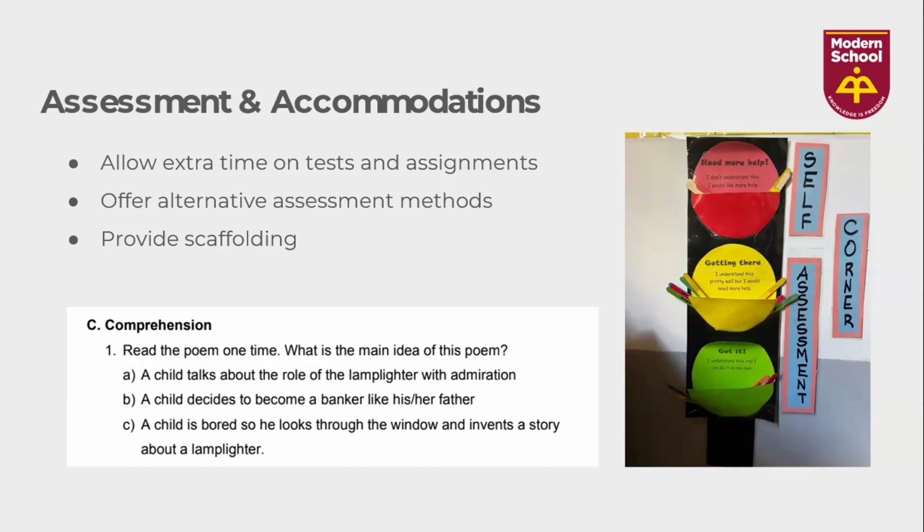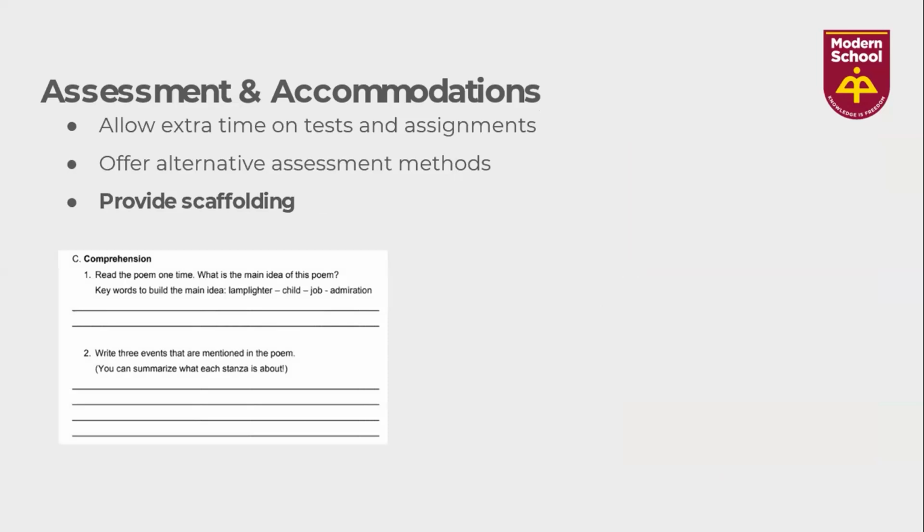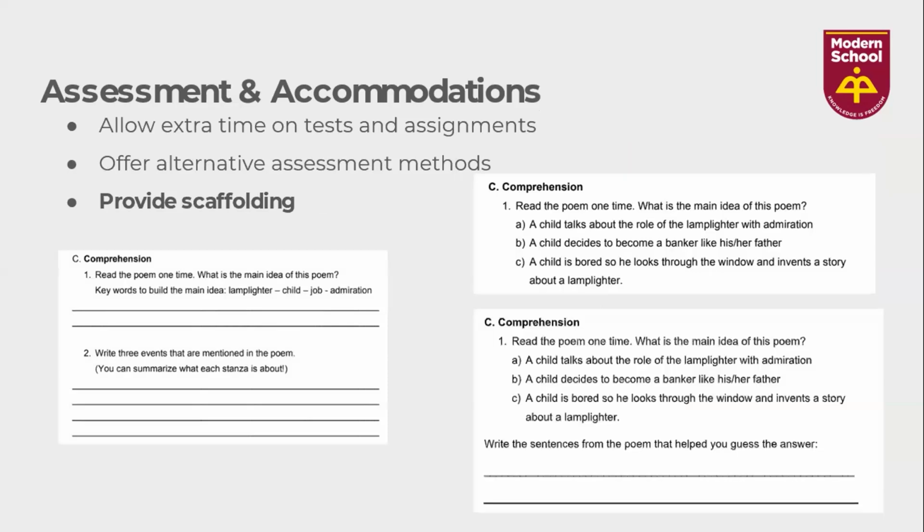And provide scaffolding. That is the example we have there in the picture. For reading exams, for example, some students cannot produce their own language, their own answers, so we give them options and they choose the correct option. Here I included, for example, a scaffolded exam in 3 parts. These are 3 different versions of the same activity, which is answer the questions.